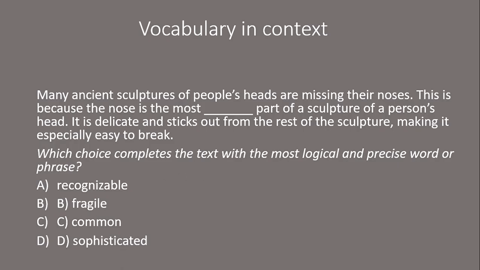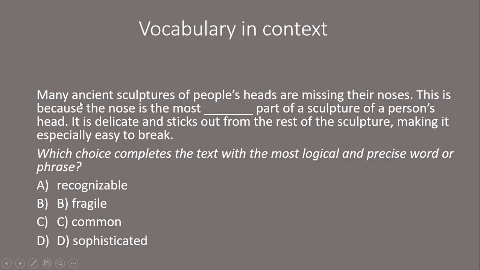If you read the text carefully, you will notice that the test makers are leaving you clues. These clues are to guide you so you can identify the right word. Now, one of the clues is delicate, the word delicate, and break.